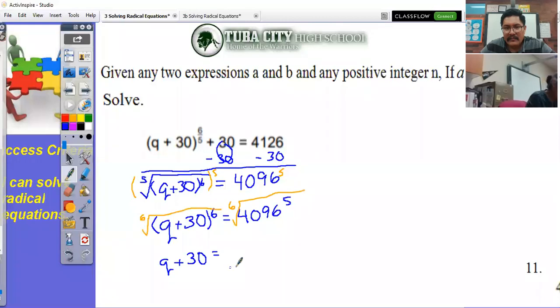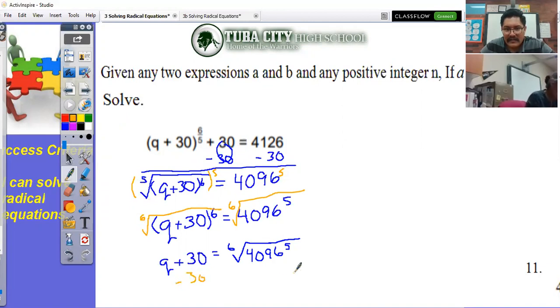And now we end up with some kind of weird thing. Okay, extend that out. Minus 30 from both sides because I need a minus 30.